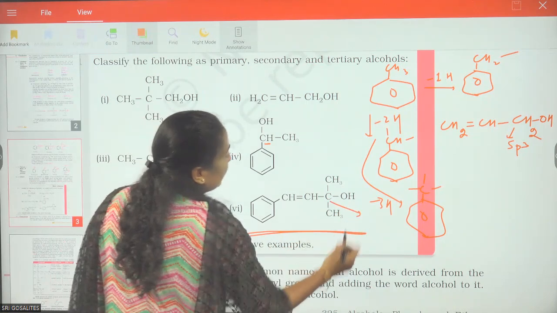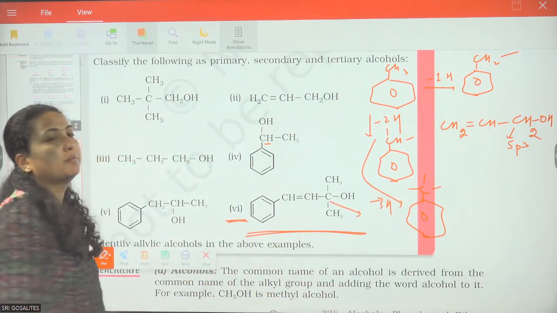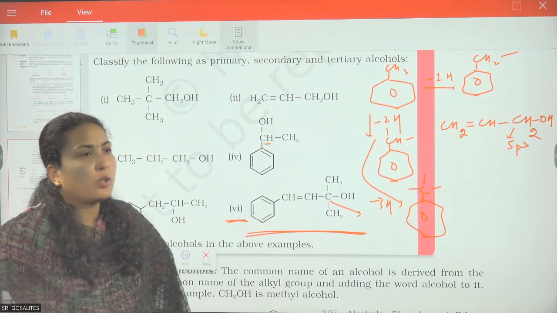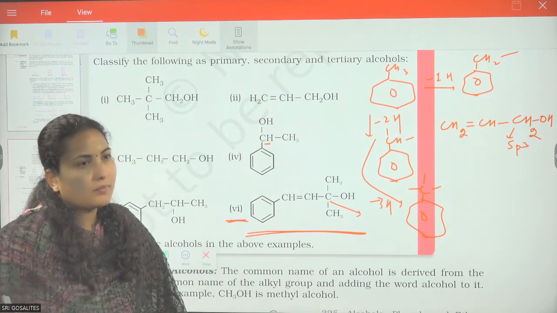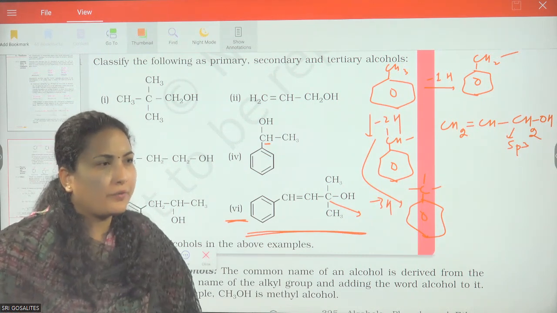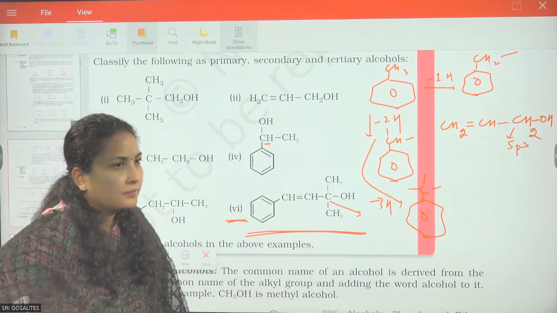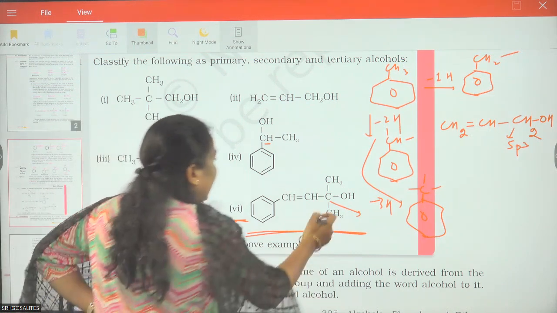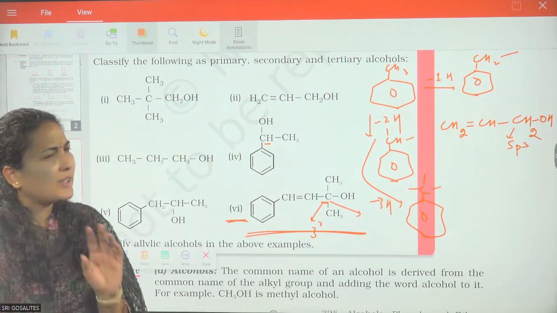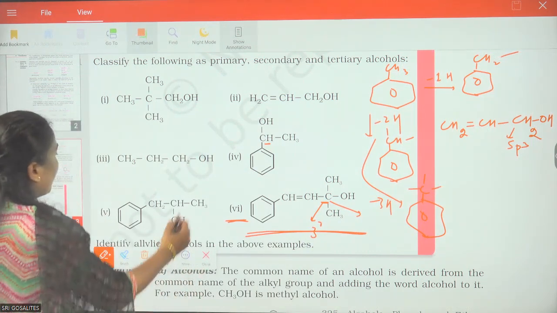So tell me about the sixth one. Whether it is allylic alcohol, benzylic, or what kind it is? It is allylic. Very good. And in allylic also it is 3 degree. This kind of question is very common. They can ask you, what about this?